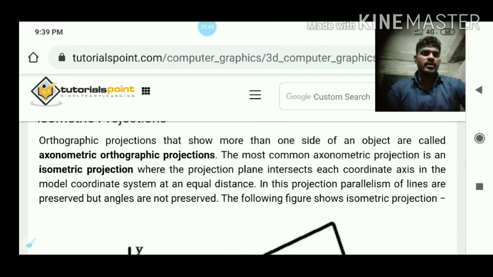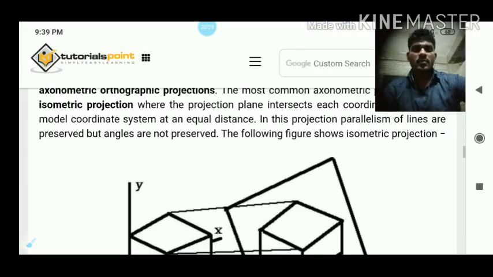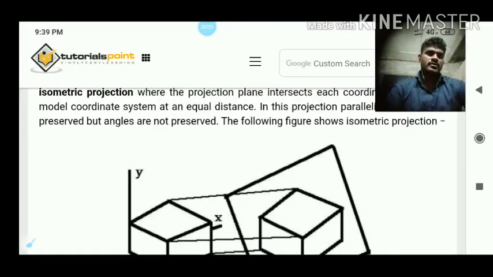The most common axonometric projection is the isometric projection. In isometric projections, the projection plane intersects each coordinate axis in the model coordinate system at an equal distance. In these projections, parallelism of lines is preserved but angles are not preserved. The following figure shows an isometric projection.